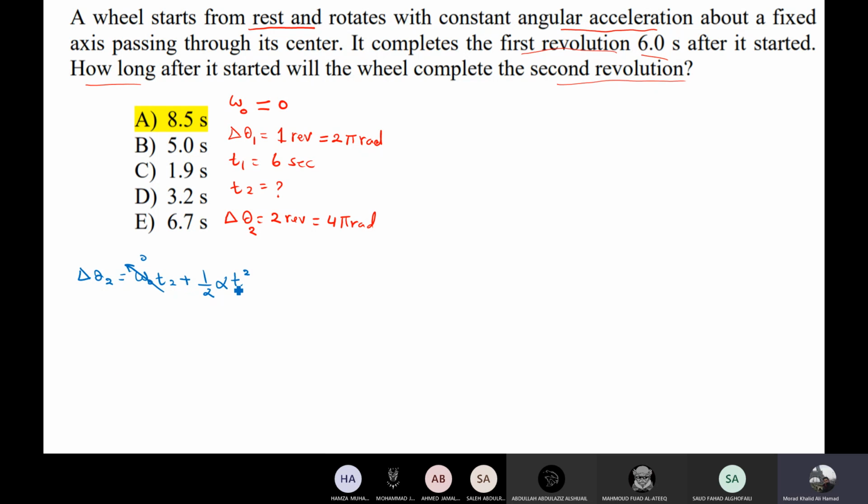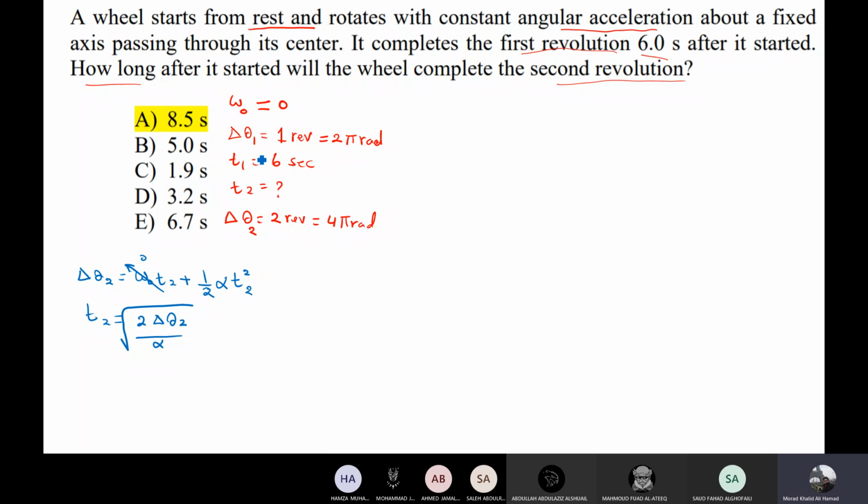And T2, if you rearrange, is equal to the square root of 2 delta theta 2 over alpha. But we don't have alpha here. We don't have the angular acceleration. From where can we get it?